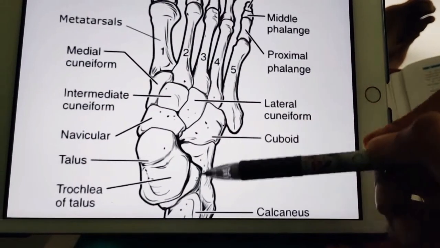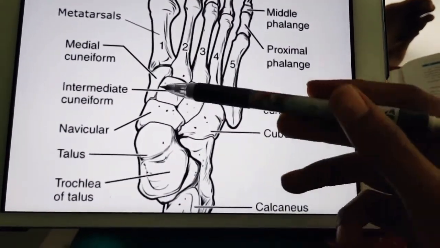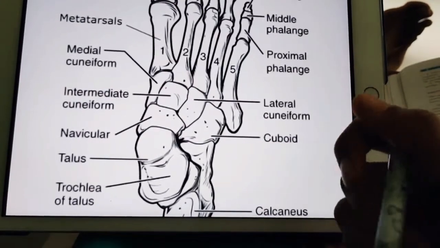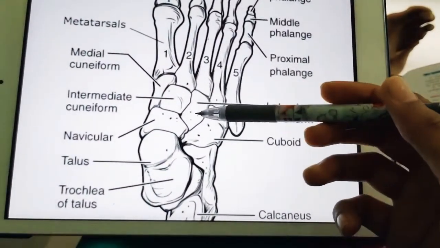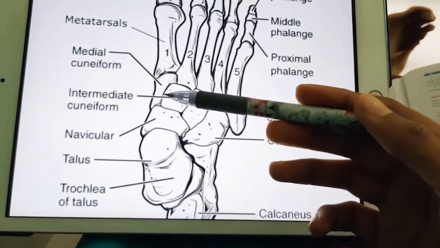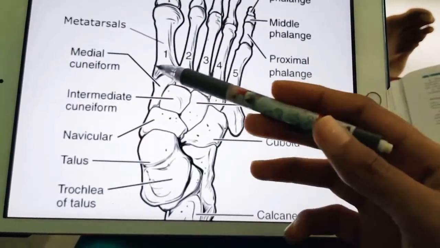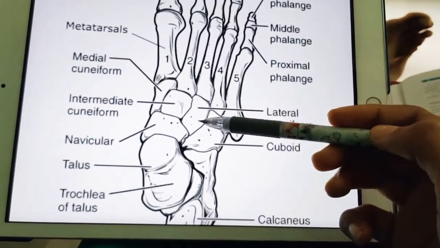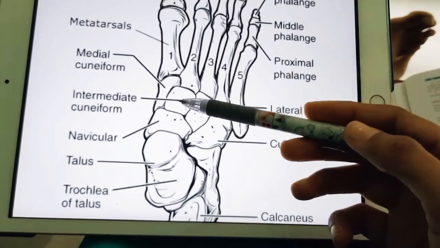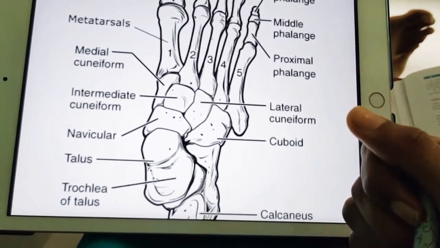About ossification of the cuneiform bones, each cuneiform bone ossifies from one center, which appears during the first year in the lateral cuneiform bone, right? During the second year in the medial cuneiform bone, and during the third year in the intermediate. So 1, 2, 3. First ossification in the lateral cuneiform, next in the medial cuneiform, last in the intermediate cuneiform, right?